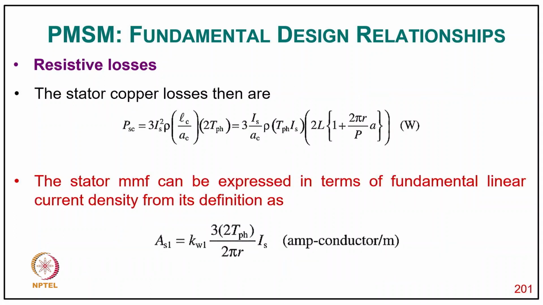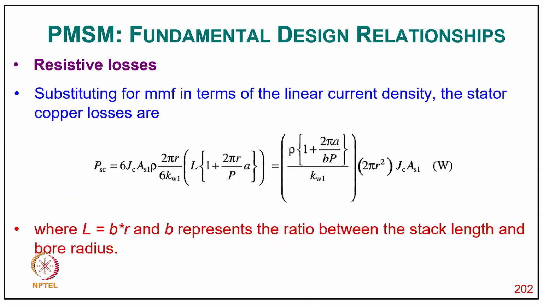So the stator copper losses then are PS equal to 3 IS square rho LC upon AC into 2 TPH, equal to 3 IS upon AC rho TPH IS into, in bracket, 2L times bracket 1 plus 2 pi R upon P into A, in watts. The stator MMF can be expressed in terms of fundamental linear current density, and its definition as AS1 equal to KW1 3 into 2 TPH upon 2 pi R into IS, ampere conductor per meter.